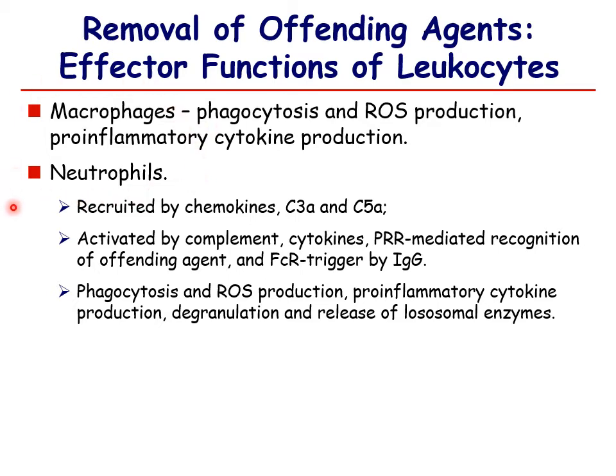Together, they are phagocytes, and they mediate phagocytosis and reactive oxygen species, as well as pro-inflammatory cytokine production. Now, I want to add, in addition, that neutrophils can release lysosomal enzymes to remove the offending agents.